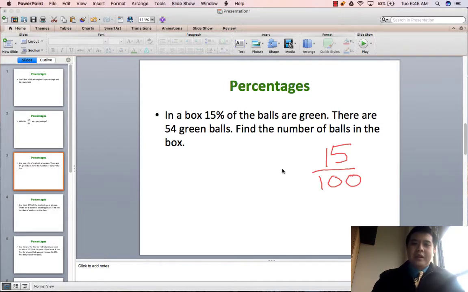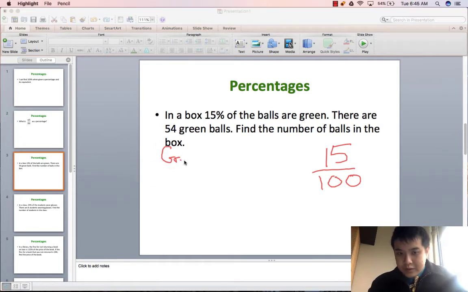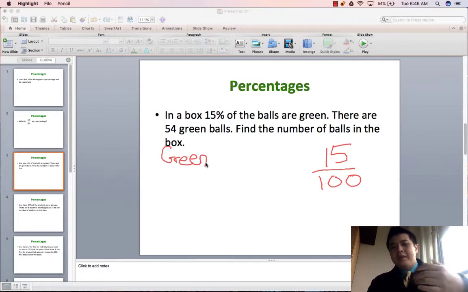Now, it says there are 54 green balls. Find the number of balls in the box. So 15 belongs to green. 15 out of every 100 balls are green. So I'm going to write green at the top, and that is the top part because of 15%.